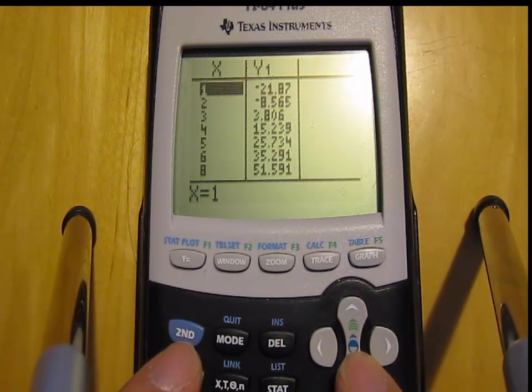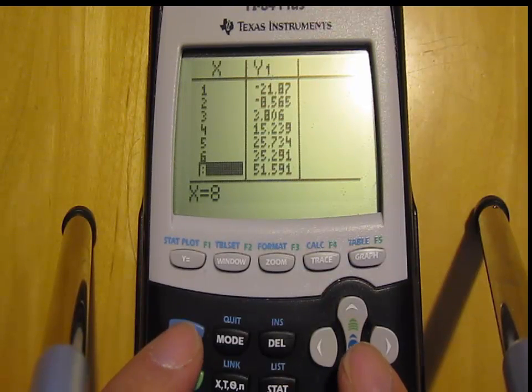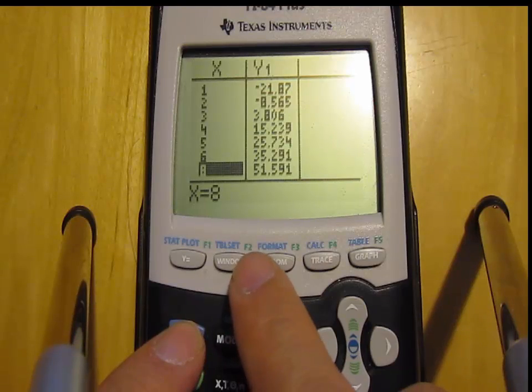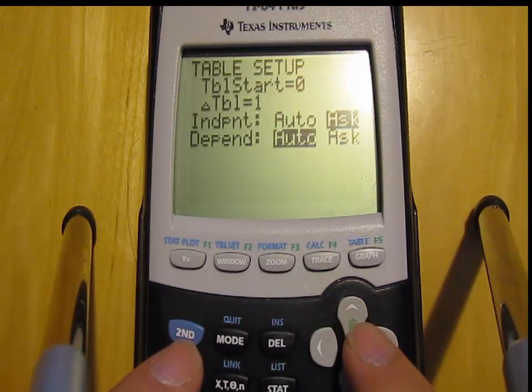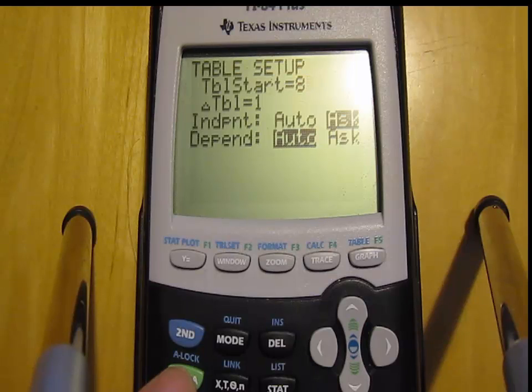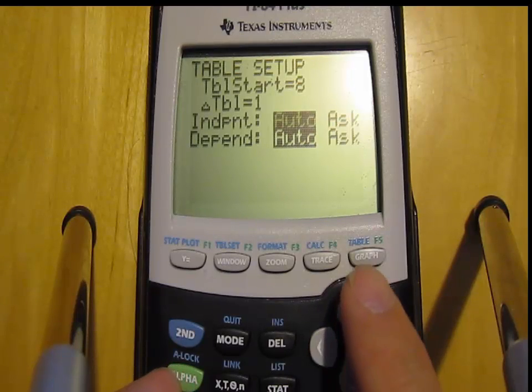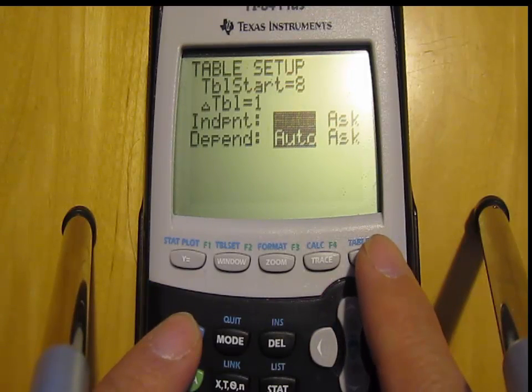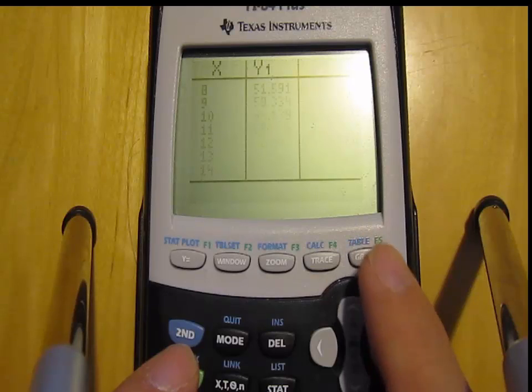You have to set the table correctly so you can see the max. Let's hit second, table set, and then we can set the table starting with 8 and change the independent variable to auto, hit enter, then second, table.